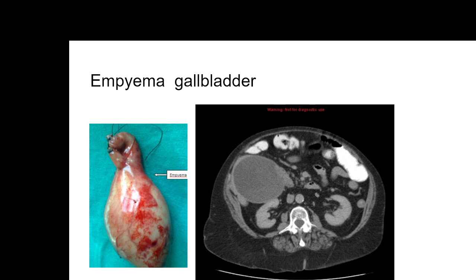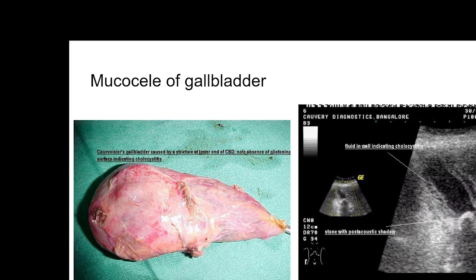There could be an extensive area involved, not simply limited to the right hypochondrium. The area of inflammation of the peritoneum could be wider, and in that condition immediate surgery is necessary, or there could be a rupture, and rupture can result in widespread peritonitis. So empyema of the gallbladder is one of the complications.